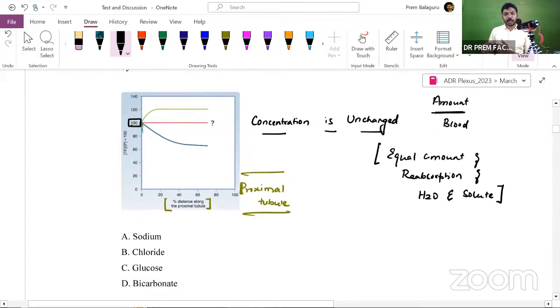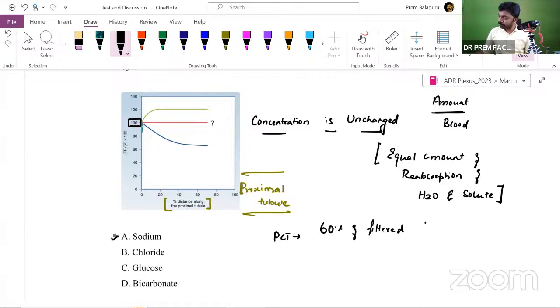So what ion can be reabsorbed in the same quantity just like water? It's going to be sodium. In the proximal convoluted tubule, there is going to be reabsorption of 60% of filtered sodium, 60% of filtered water, 60% of filtered potassium.